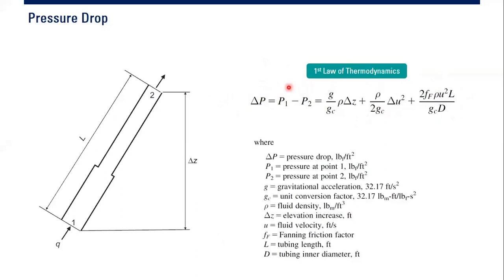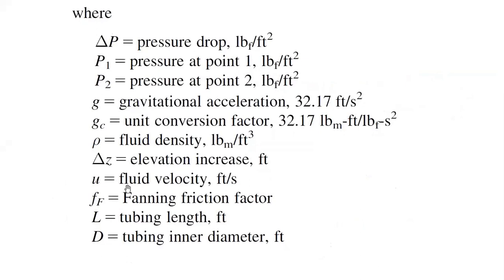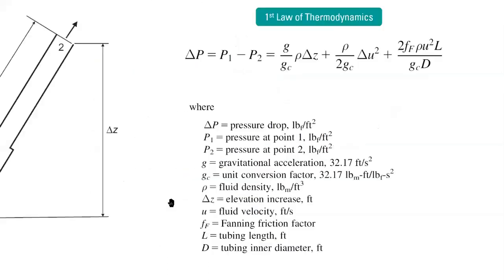So from this equation, we can know that the parameters that will influence the performance of our wellbore are mentioned here. For example, the pressure, of course, and the fluid density, and then the elevation increase or elevation difference, right? And then the fluid velocity or the flow rate, and the friction in the pipe, in the tubing, in the casing, and the tubing length, and the tubing inner or inside diameter, the tubing ID or the casing ID.